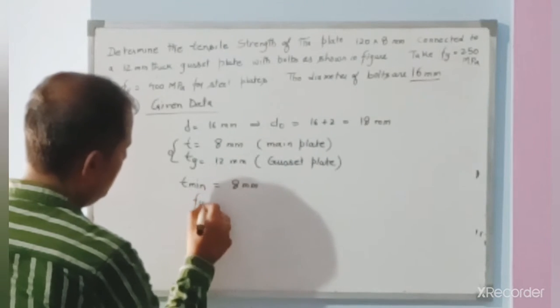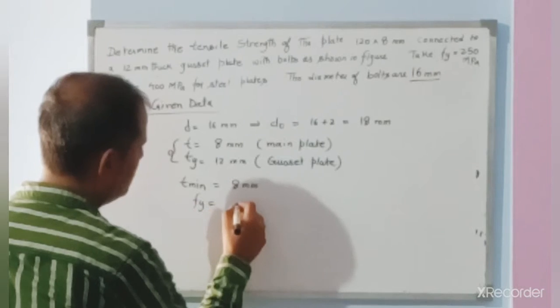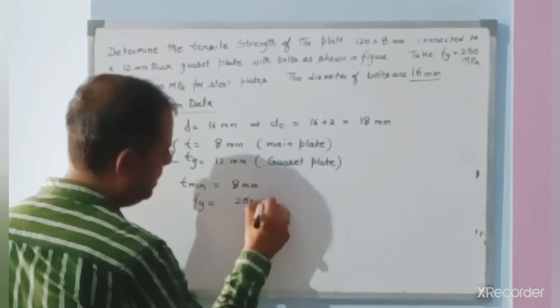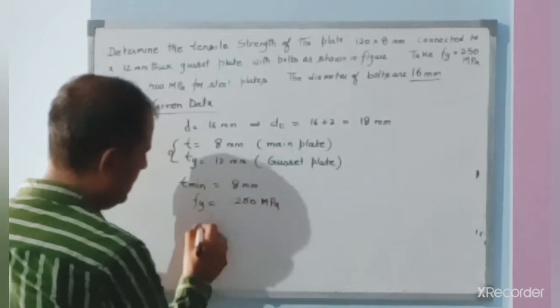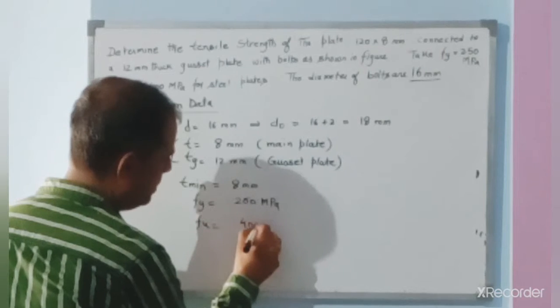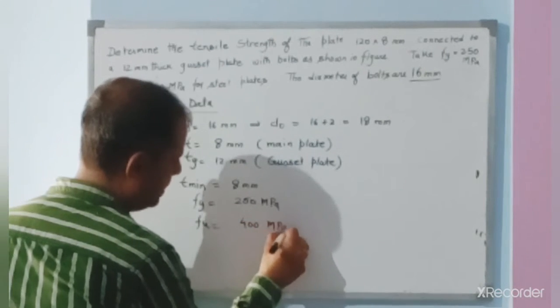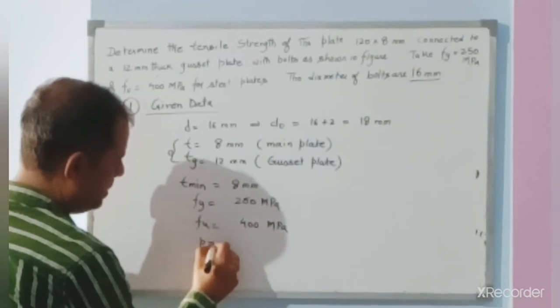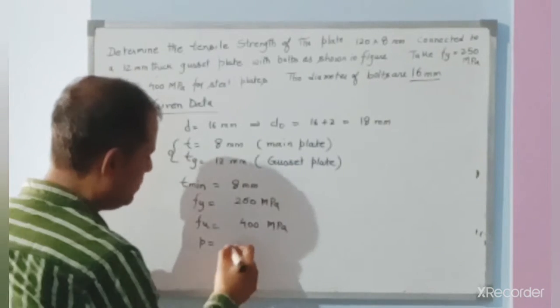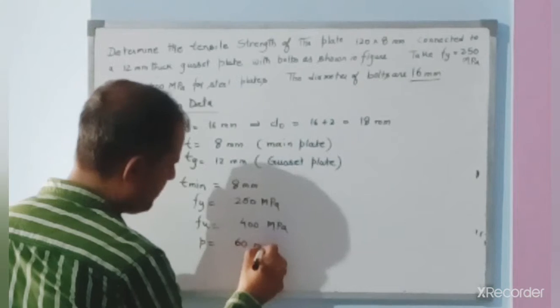Another thing that is given is the yield strength of the plate material, 250 megapascal, and the ultimate strength of the plate material, 400 megapascal. Pitch, the distance between two consecutive fasteners in the direction of load, is 60 mm.